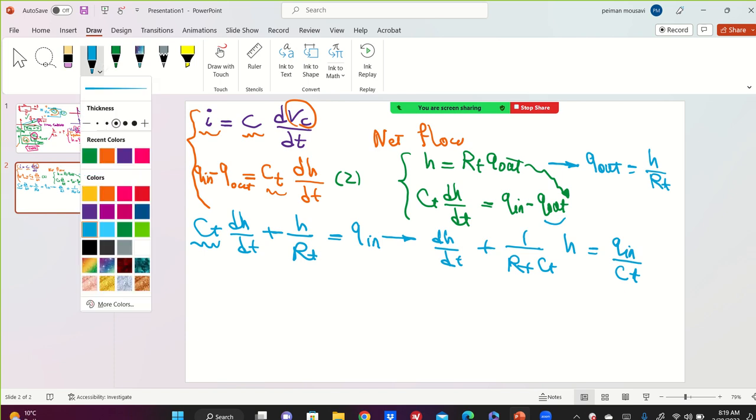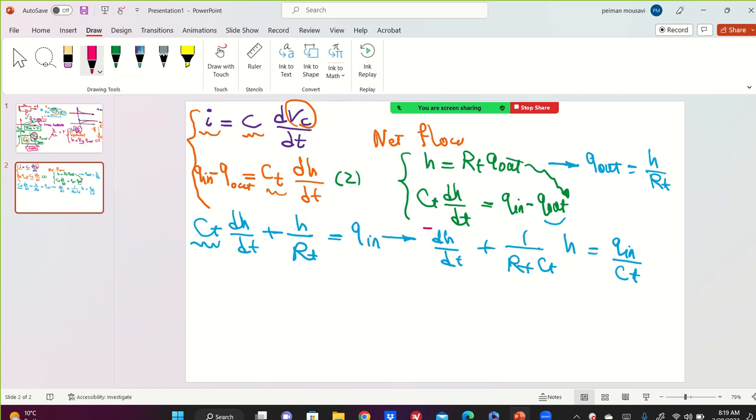So now we're going to transfer this to the frequency domain, guys. Laplace. Okay.